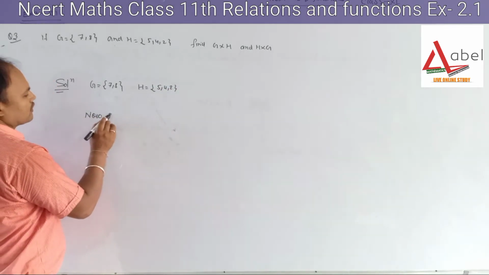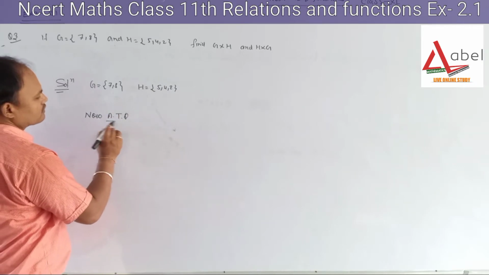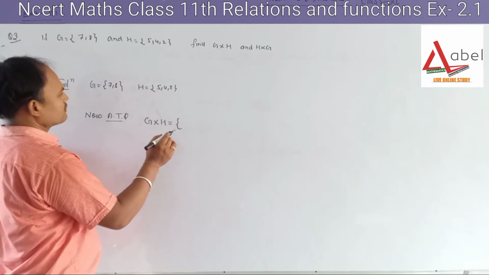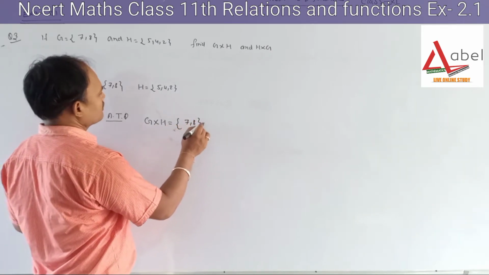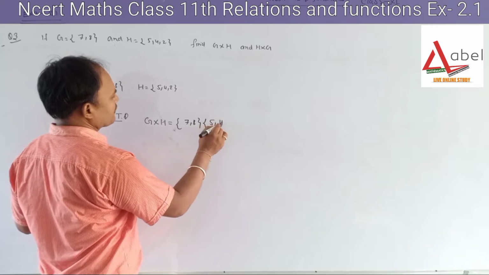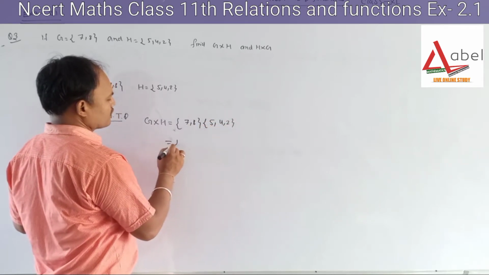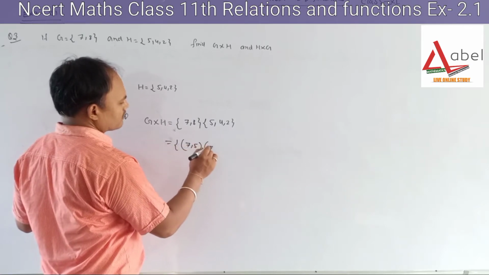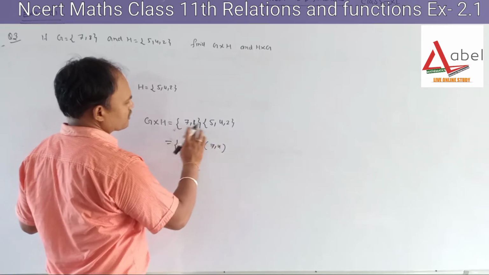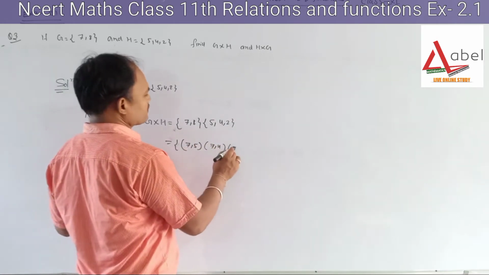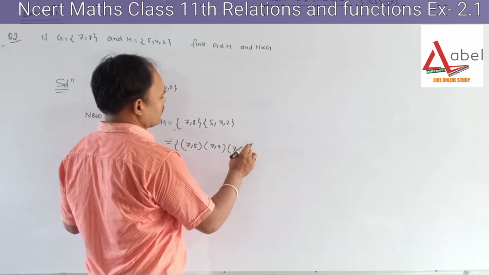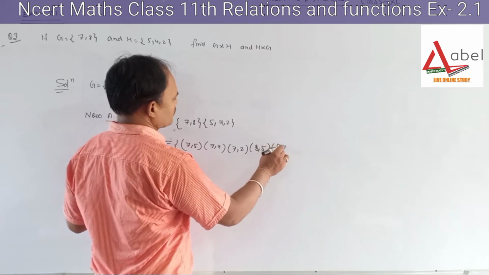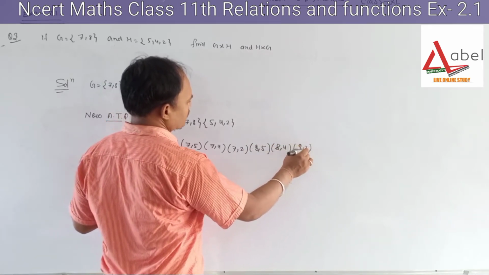Now according to the question, G cross H means {7, 8} multiplied by {5, 4, 2}.